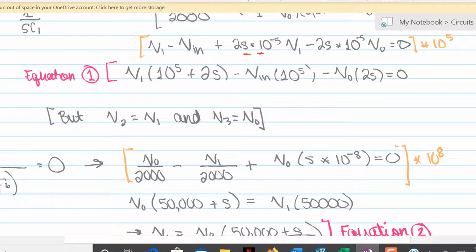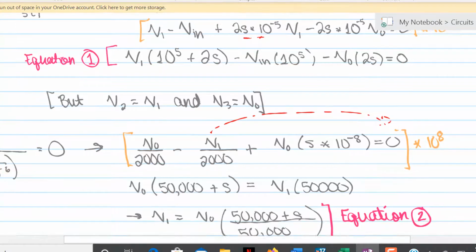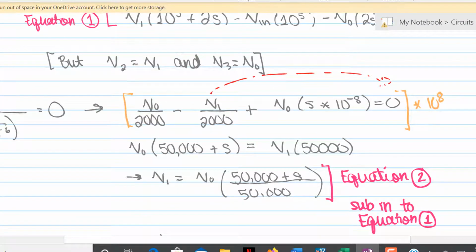Then I factored out the V0 and moved this V1 over to the other side. So then I could solve for V1 in terms of V0, because remember, we just want the relationship between Vin and Vout.